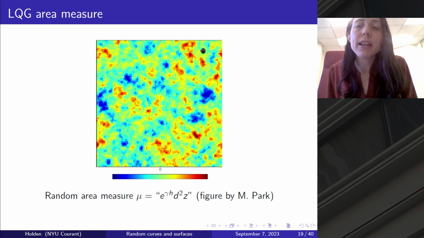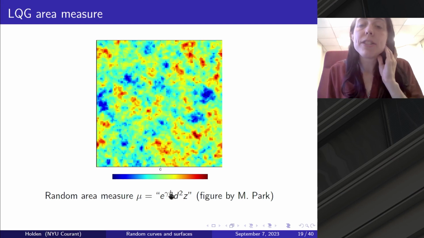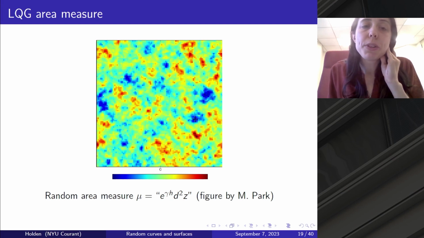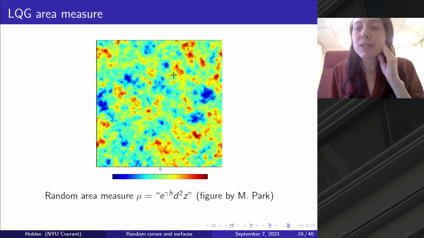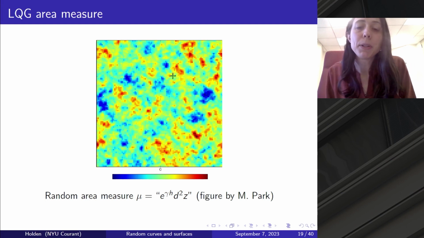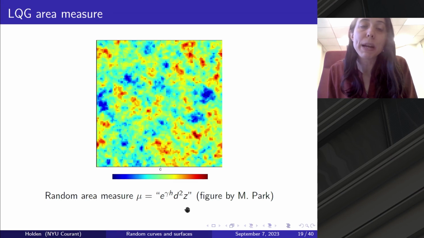So in these red regions, these are the high density regions where this Gaussian free field is very large, whereas these dark blue regions are the low density regions where the Gaussian free field is particularly small. I'm saying that these colors, heuristically speaking, represent density. This is actually not a mathematically precise statement, because one can argue that this area measure is actually singular with respect to the Lebesgue area measure.